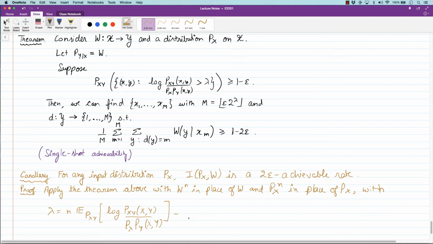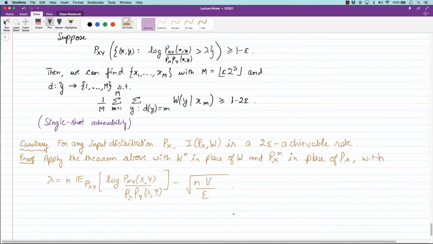How much do we need to back off? Well, we know this is just square root n times some variance of this random variable divided by epsilon. Then this condition holds. Let me call it this condition here.